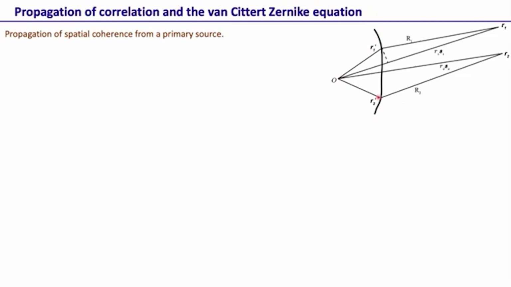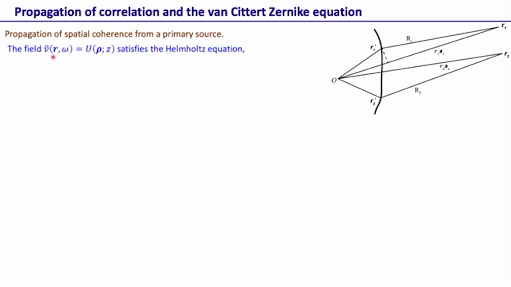These are just the space variables on this primary source, and now we are after calculating the correlation function between the field vibration at these two points r1, r2 at some location from this source. Okay, so how do we go about it?